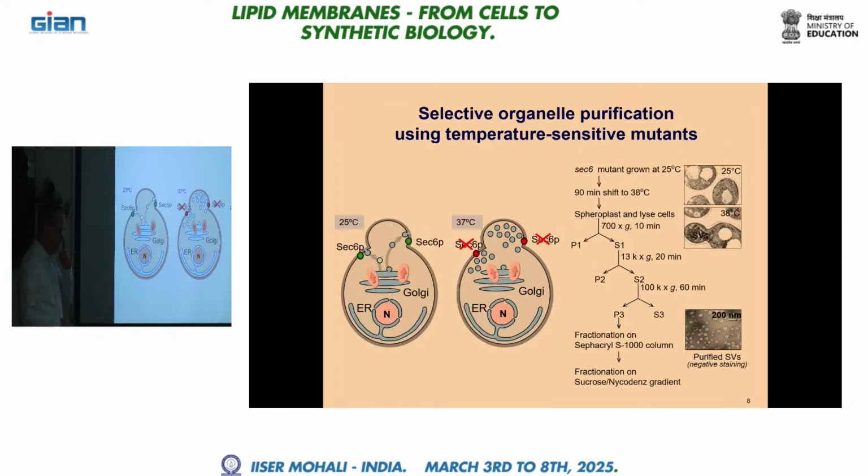Okay, another trick that you can do, now it becomes a little bit biological, you can take advantage of particular mutations. That's very common, for instance, in baker's yeast, which is also a type of model organism for biologists, where you introduce mutations in proteins that are important for the vesicular transport, for the communication between the organelles.